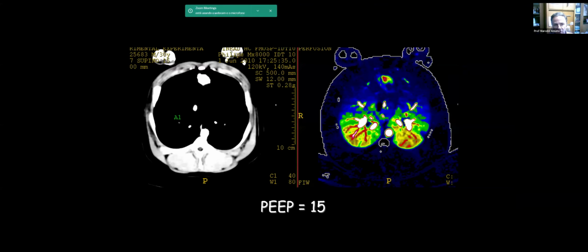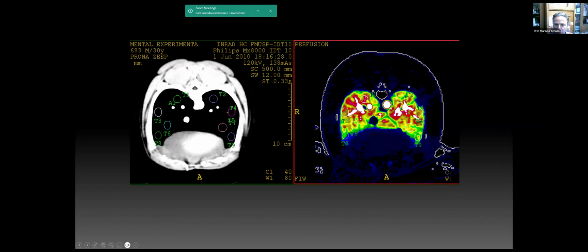Using the same principle, we will try to apply the same method using EIT. But just before going through this, I would like to remind you that using this dynamic CT analysis, we, for instance, could demonstrate that perfusion is predominantly dorsal in animals or human beings, even when the animal is in prone position.